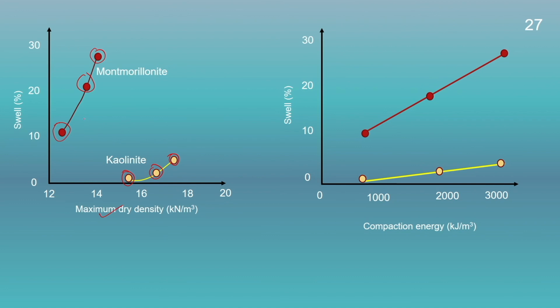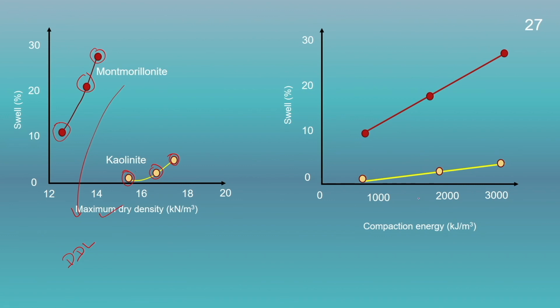This high swelling capacity of the montmorillonite is due to the formation of the diffuse double layer with the water, whereas kaolinite will not be able to form the diffuse double layer, and mostly its properties will be controlled by its fabrics. So, therefore, the swelling of kaolinite will be very less in comparison to the montmorillonite.